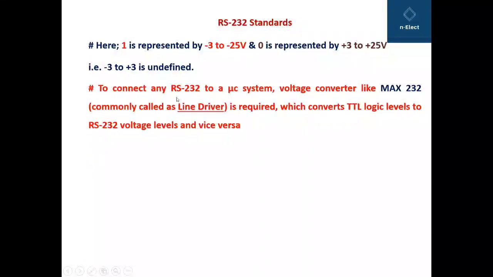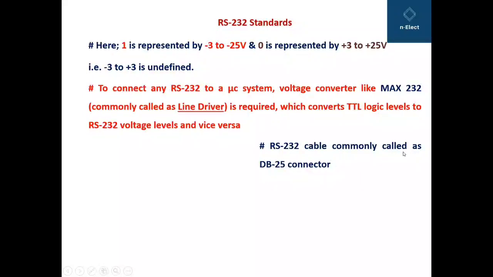To connect RS232 to a microcontroller system, a voltage converter like the MAX232, also called a line driver, is required, which converts TTL logic levels to RS232 voltage levels and vice versa.